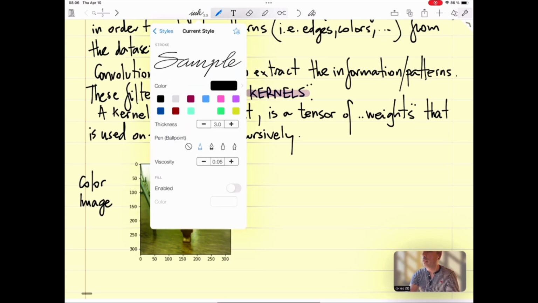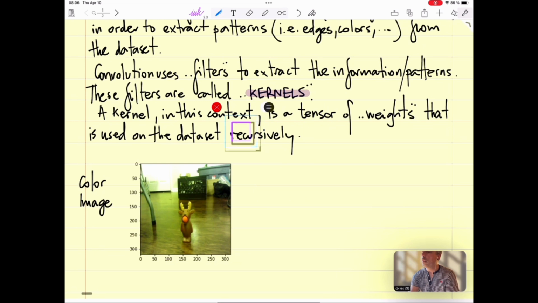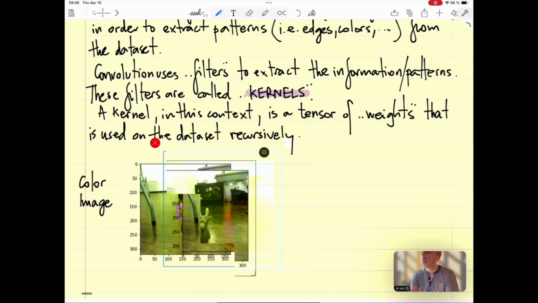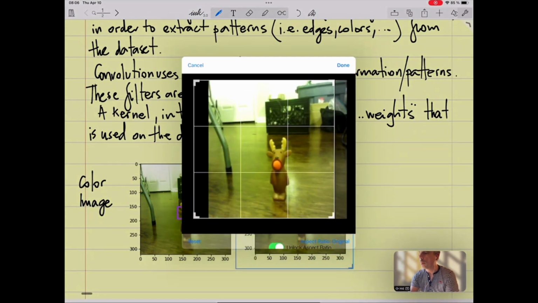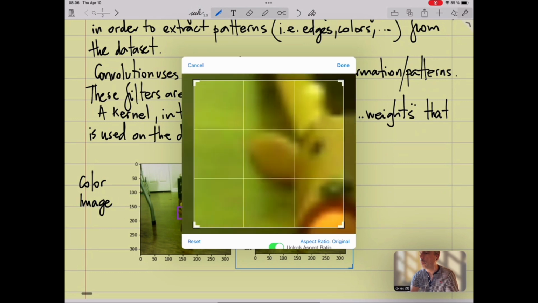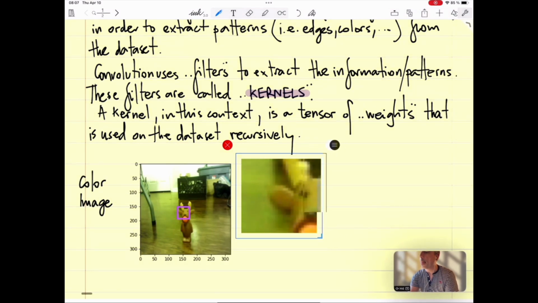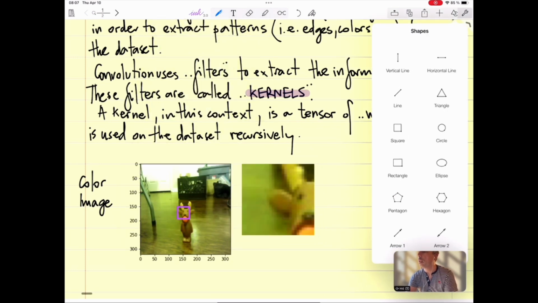We make a little zoom on, let's say, the nose of the Kuscheltier here. We can see some interesting things.